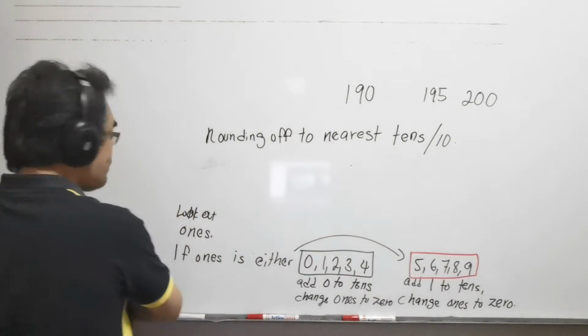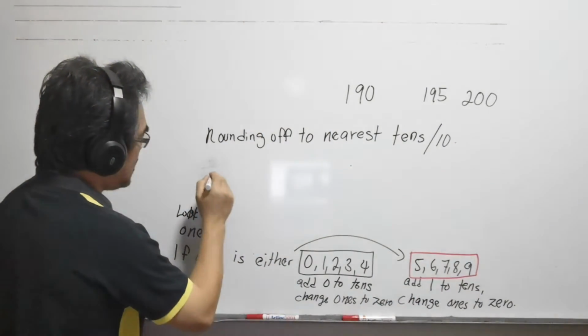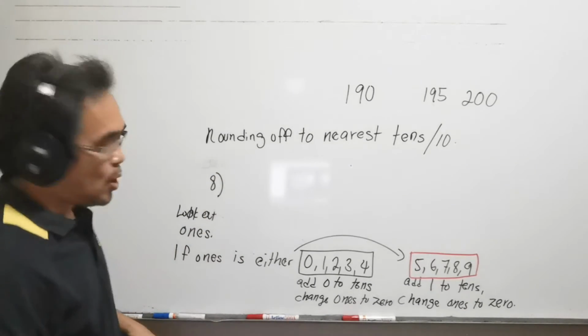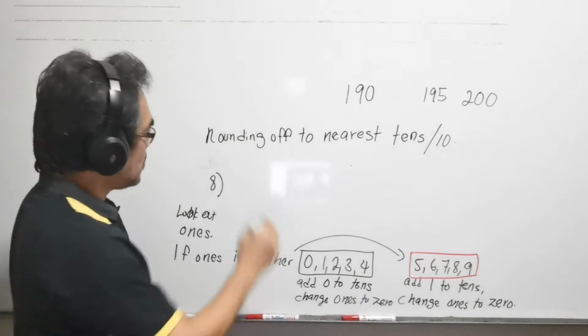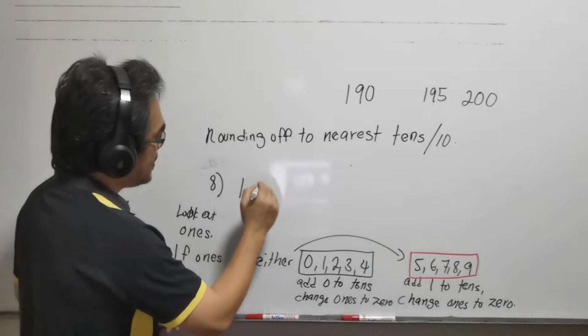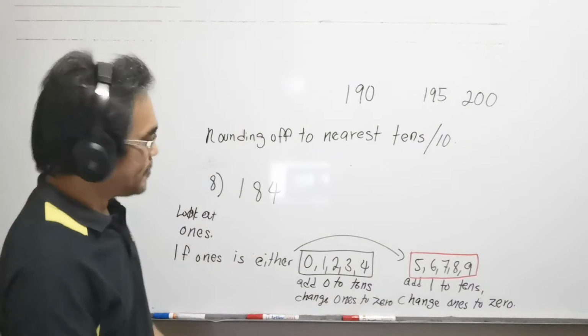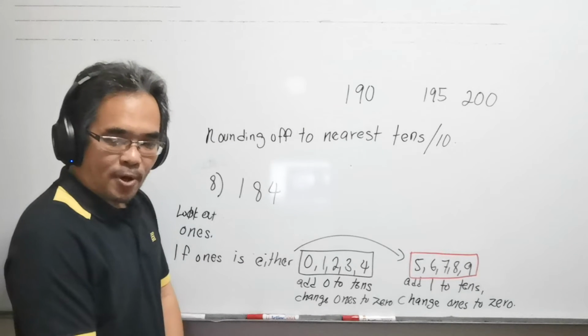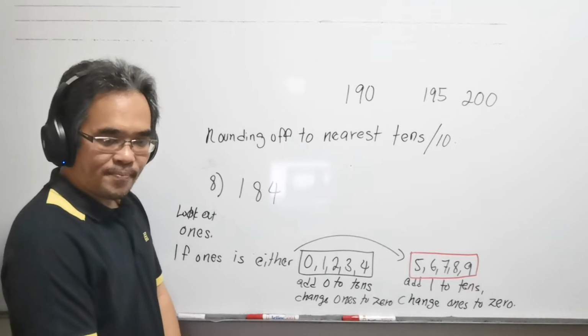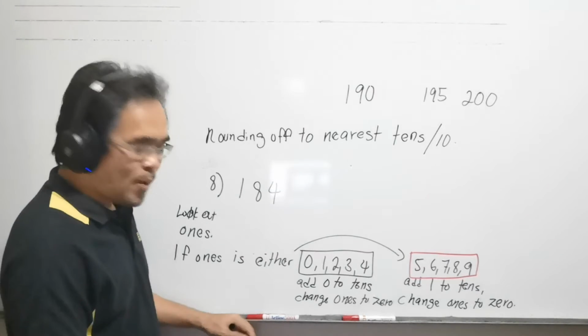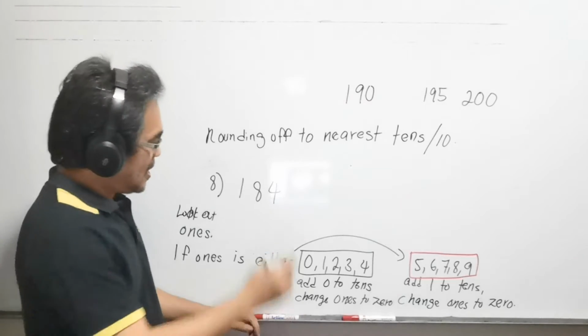So now, I forgot what number just now. Okay, so let's say 1, 8, 4. Okay, could you repeat the process? What do we have to do here? Yes, same thing.